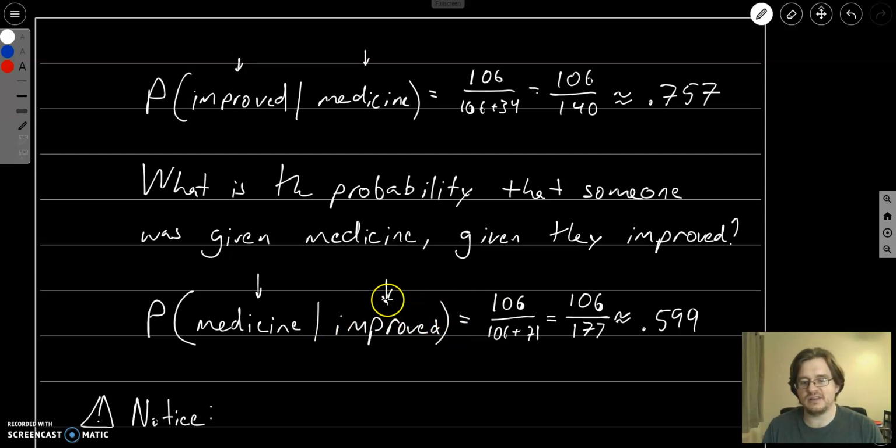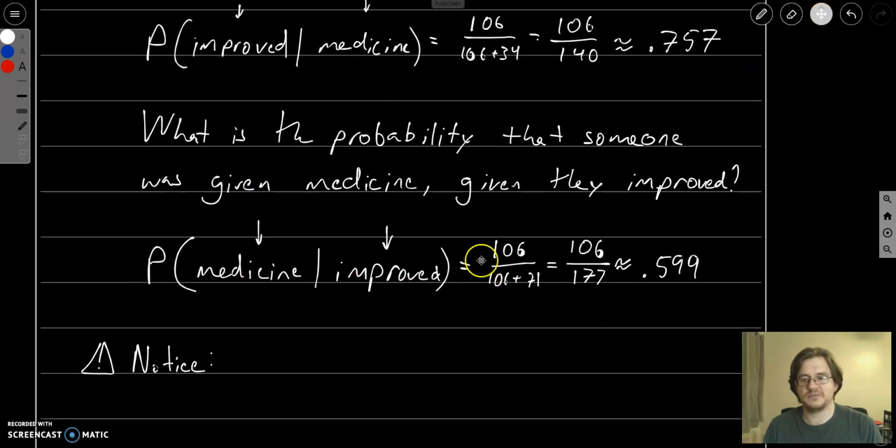So when we look at this again, you're given some information that we can assume. Up here we assumed that the persons we were looking at were given medicine. Here we assumed that the persons we were looking at improved, and then we wanted to calculate, did they receive medicine or did they improve? These look very similar.